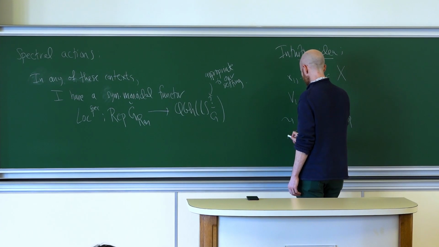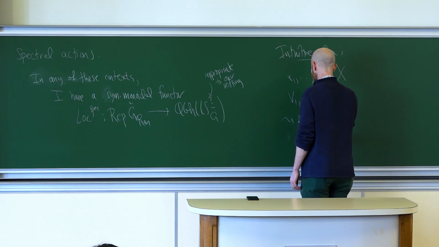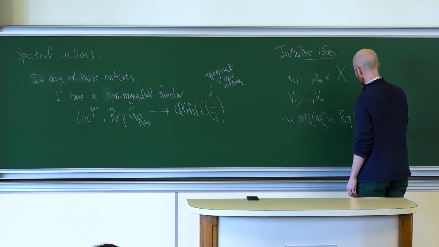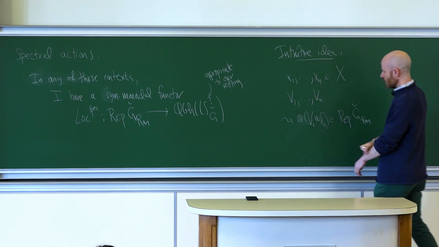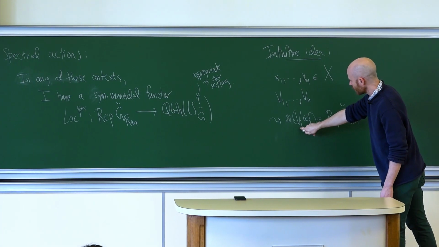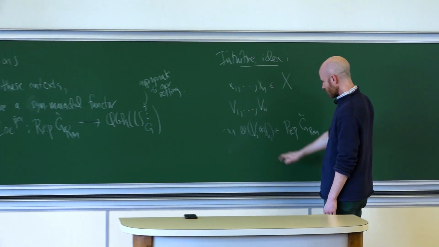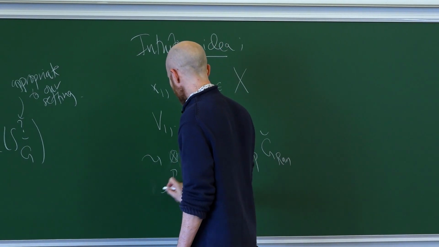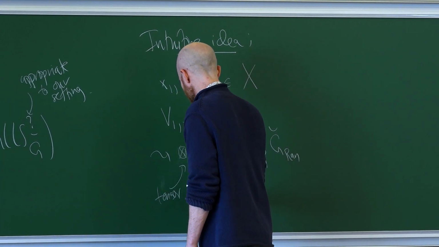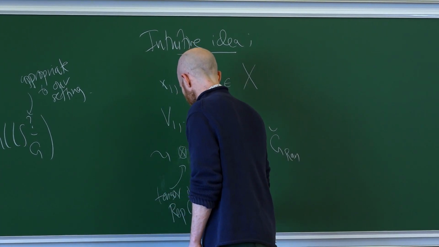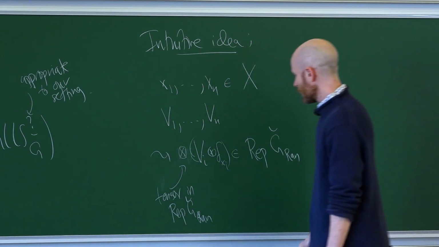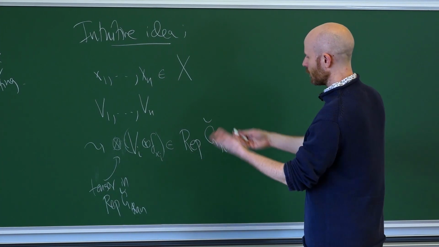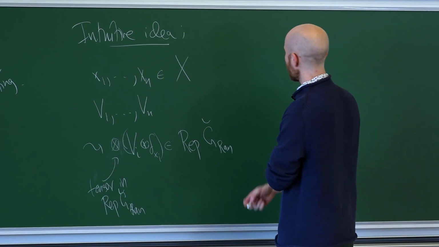So there's some associated object inside of this Rep G check Ran. Namely, if you think, I have an object for each one of these points labeled by a representation, and then I can tensor them in Rep G check Ran, which is a symmetric monoidal category. And so this is the object that gives rise to the Hecke functor I wrote over there.